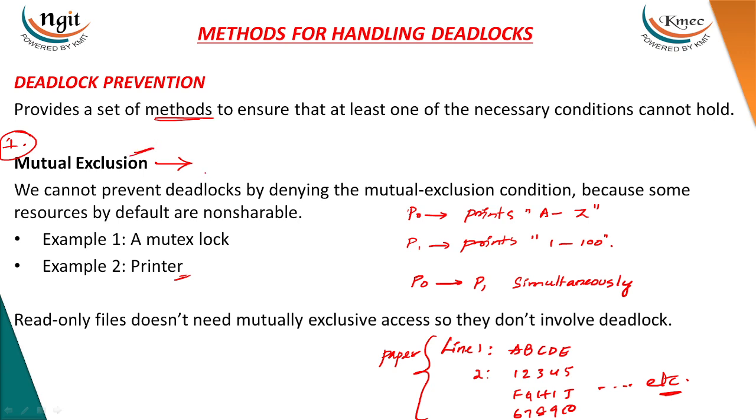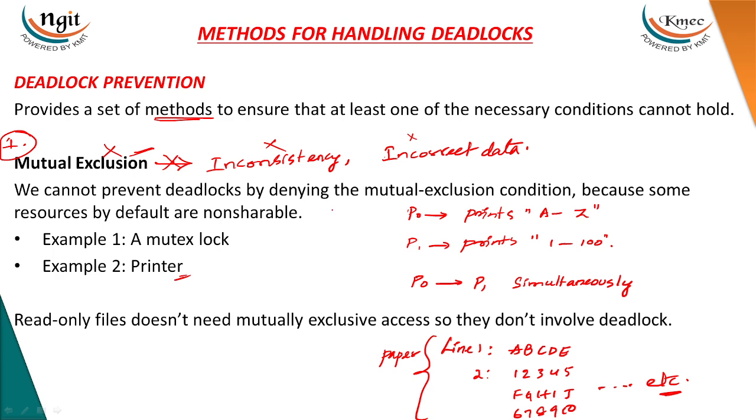You cannot deny mutual exclusion to avoid deadlocks, because there is one more problem: inconsistency or incorrectness of data. We need correct and consistent data. If you deny mutual exclusion, your data will be inconsistent or incorrect.